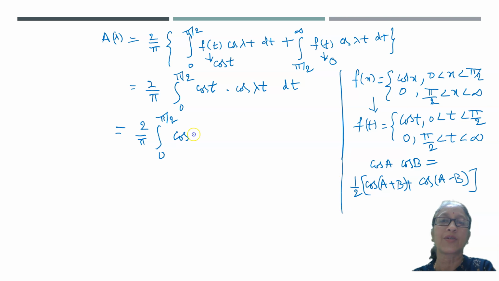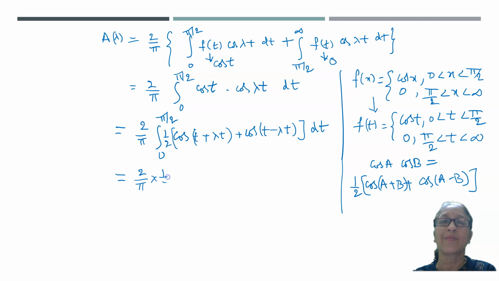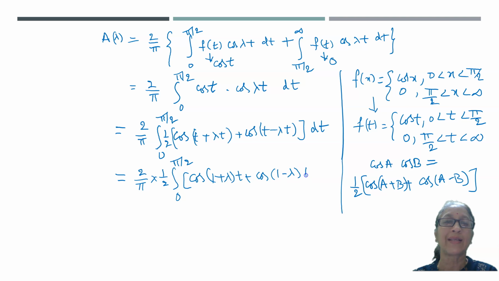Here we get 1 by 2 into cos(t plus lambda t) plus cos(t minus lambda t) dt. Now if you take this 1 by 2 outside, you get 2 by pi into 1 by 2 times the integral from 0 to pi by 2 of cos((1 plus lambda) t) plus cos((1 minus lambda) t) dt.